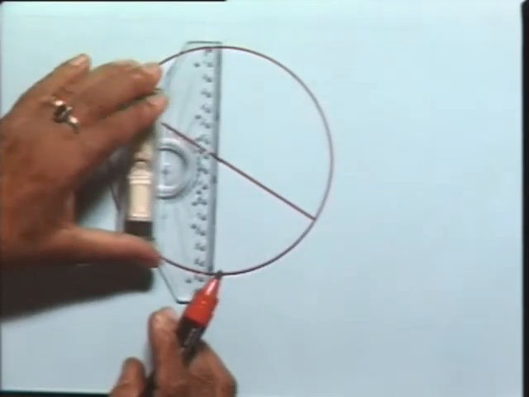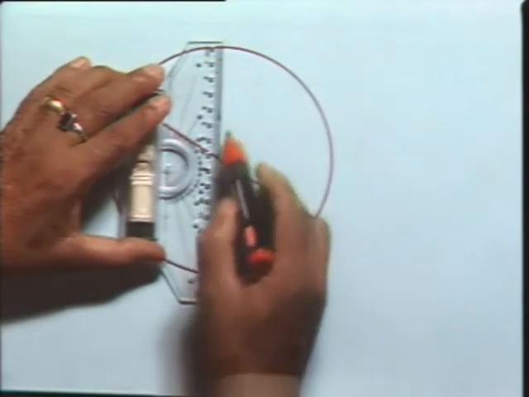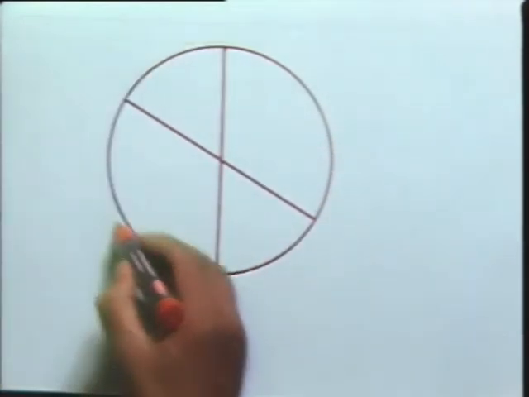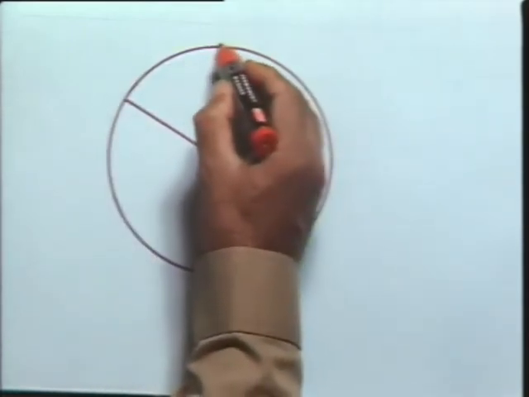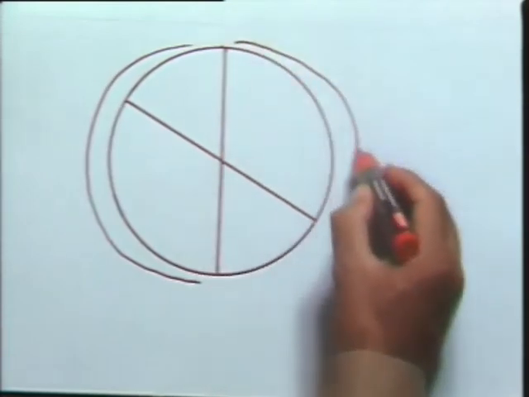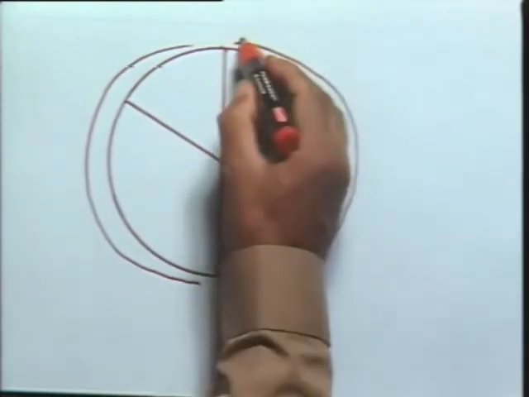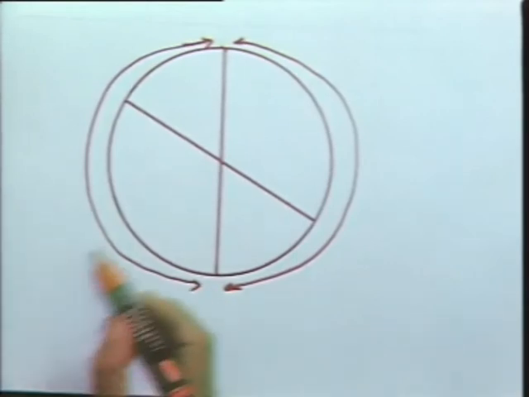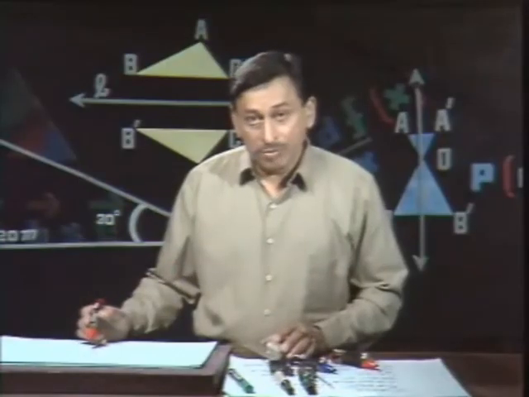The diameter can be drawn like this. This also is going to give us two semicircles, one here, that is from here along this, another semicircle along this. So, these are semicircles given by this diameter. That means the diameter can be anywhere.